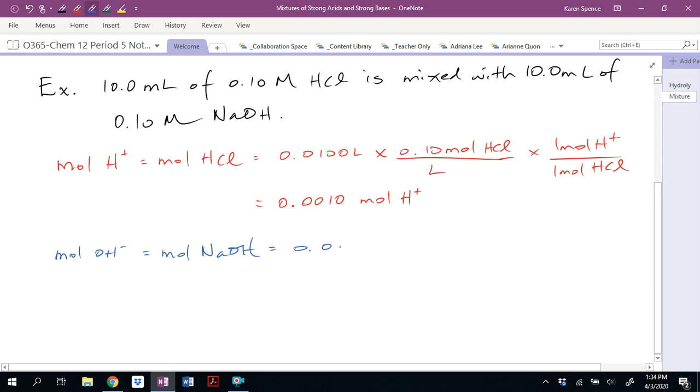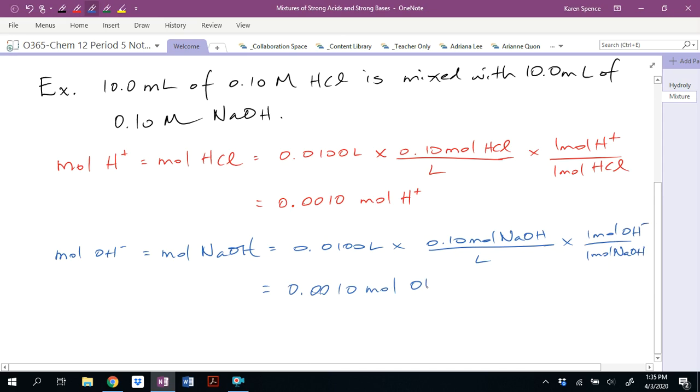So we have 0.0100 liters times 0.10 moles of NaOH per liter times 1 mole of OH minus for every 1 mole of NaOH, and we get 0.0010 moles of OH minus. Now, if you haven't noticed before this, these are identical. You could probably see that from the question.